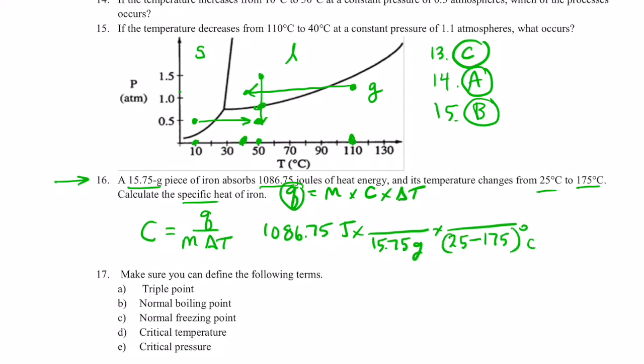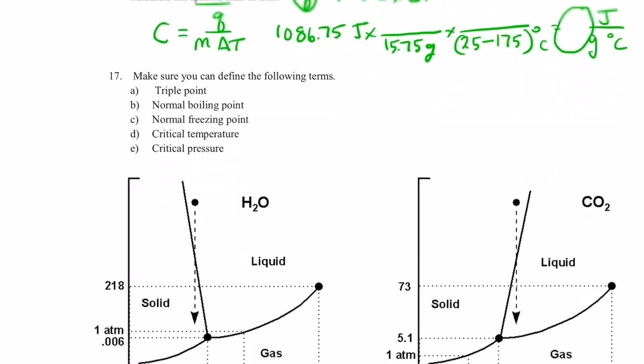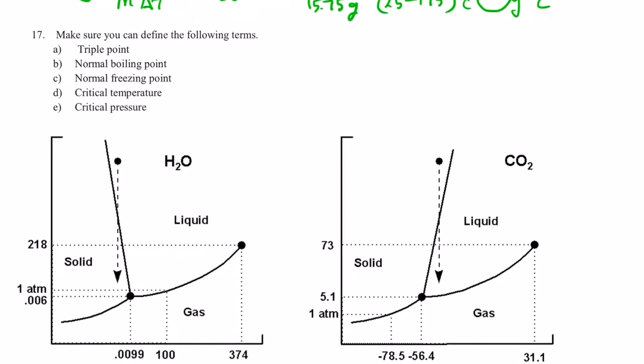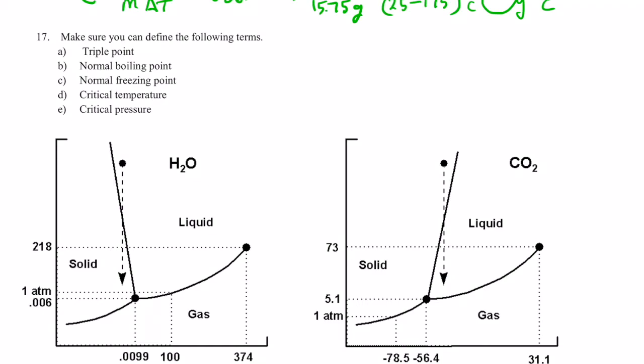And our unit, we would end up with joules on top and grams and degrees Celsius on the bottom, and that is our specific heat unit. So you can do that math on your own, and you will get the specific heat of that metal. Okay? You should also be able to solve for Q if I give you the mass, specific heat, and delta T. All right, so the last question on our review, I want to take a look at these two phase diagrams.